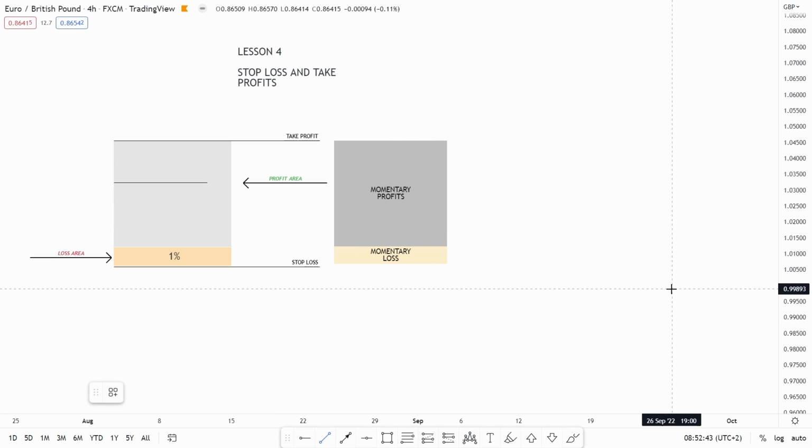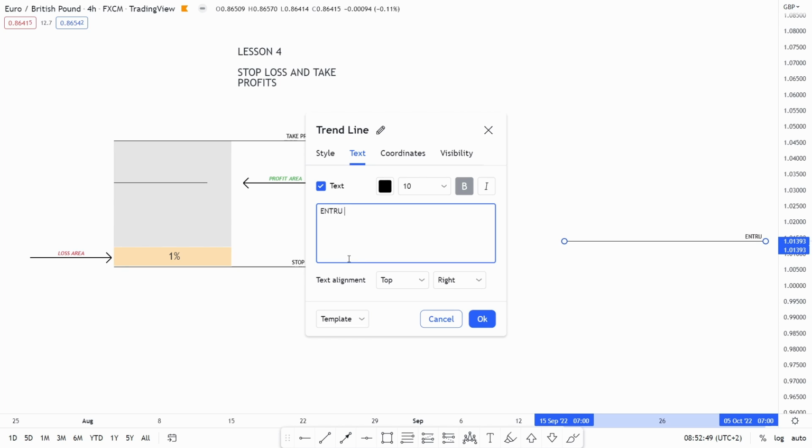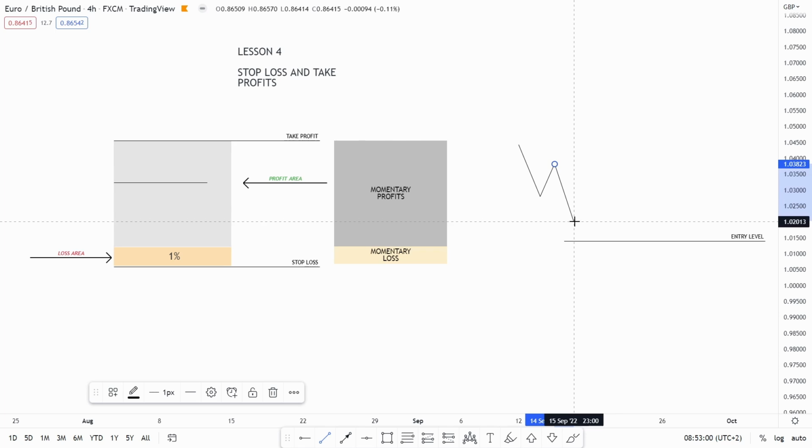So pretend that this one is our entry level. The market comes down, we know that we have to enter there. So the market comes down, very softly. This is maybe the retracement. It touches our position.